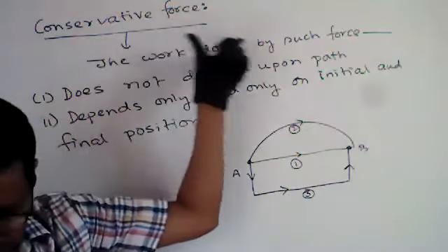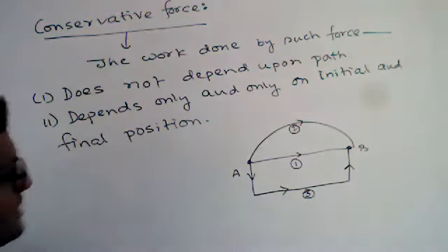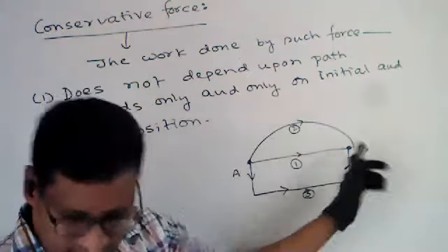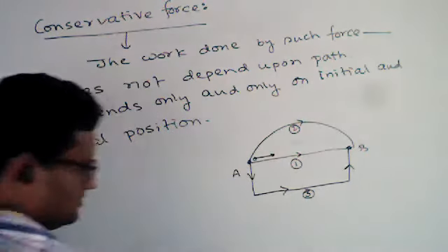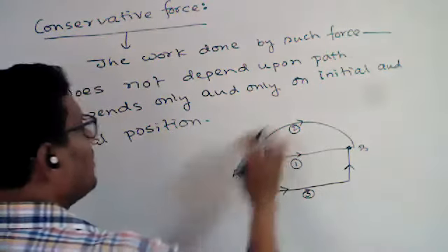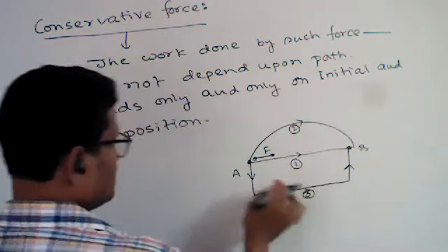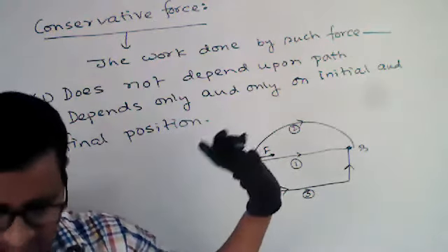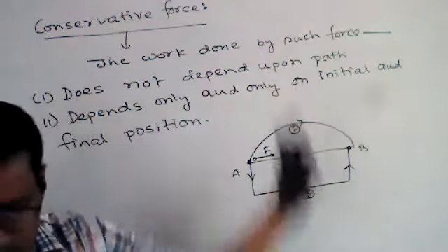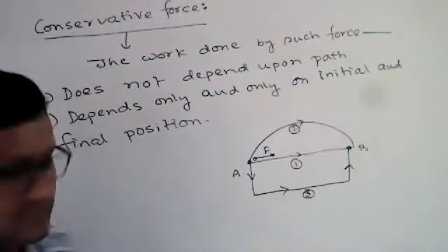According to the conservative force, if you want to go from A to B, the force is applied in this direction, or you can go this direction or this direction. The angle between displacement and force is theta. Then you can go along this path.